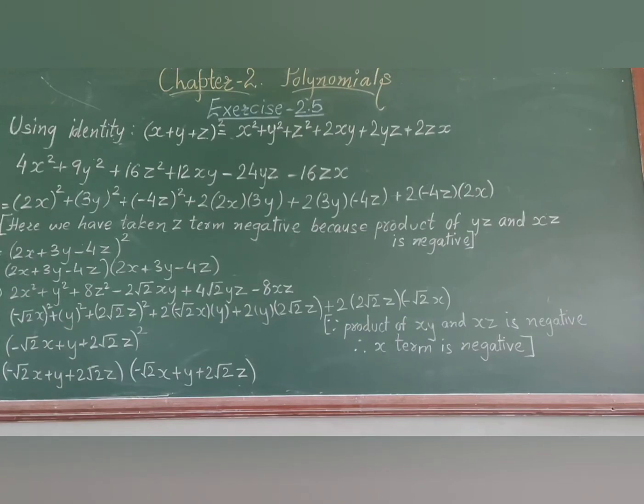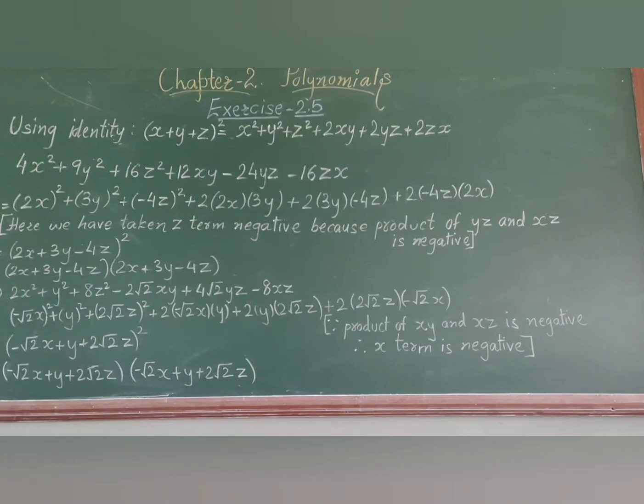We have taken the z term negative because the products yz and xz are negative; z is common and z is negative. So the factorization of the given expanded form is 2x plus 3y minus 4z whole square. We can write it as trinomial into trinomial: (2x + 3y minus 4z) into (2x + 3y minus 4z).